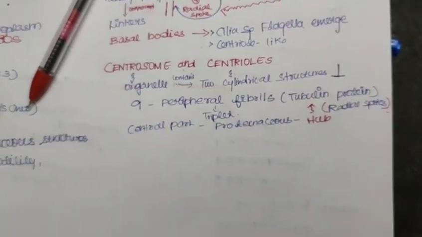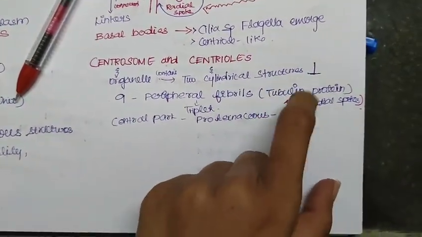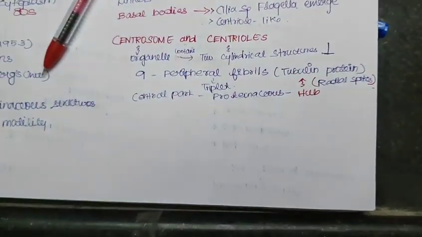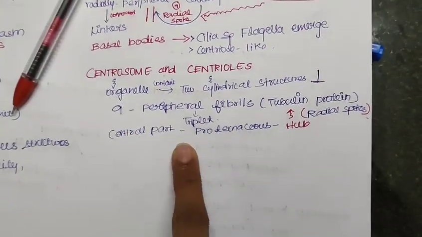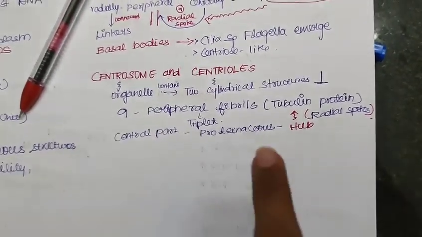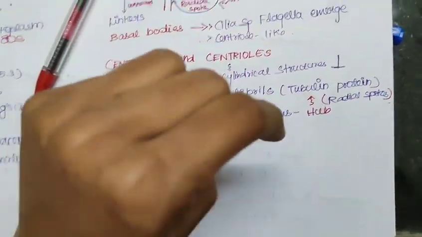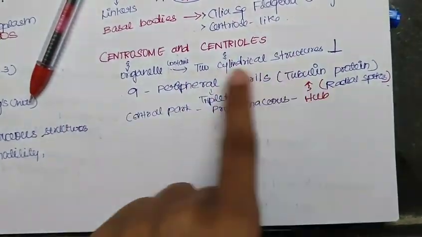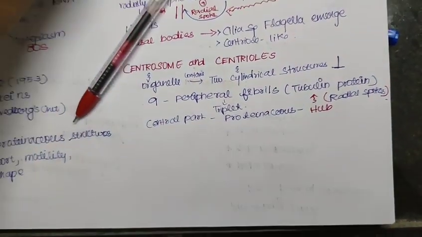In the case of cilia we talked about doublets, here it is triplets, and these are nothing but tubulin proteins. The central part of this is called the hub. This hub is also made up of a proteinaceous layer, and this hub and the tubulin proteins, that is, the peripheral fibers, are attached by radial spokes. This is about the centriole and the centrosome.